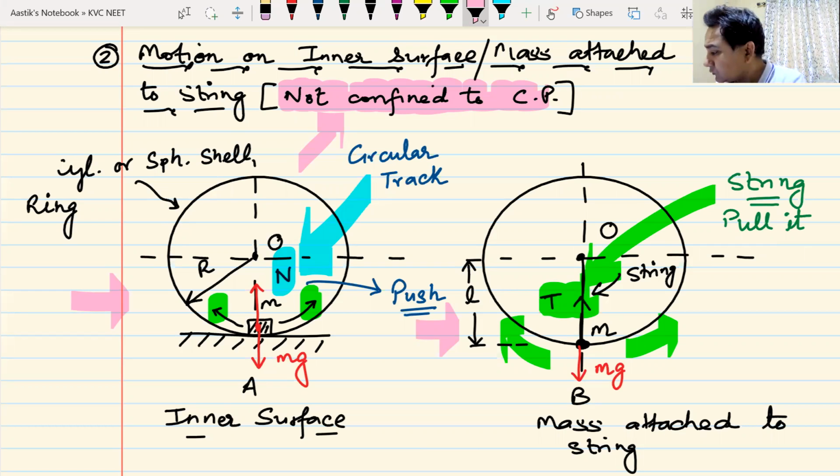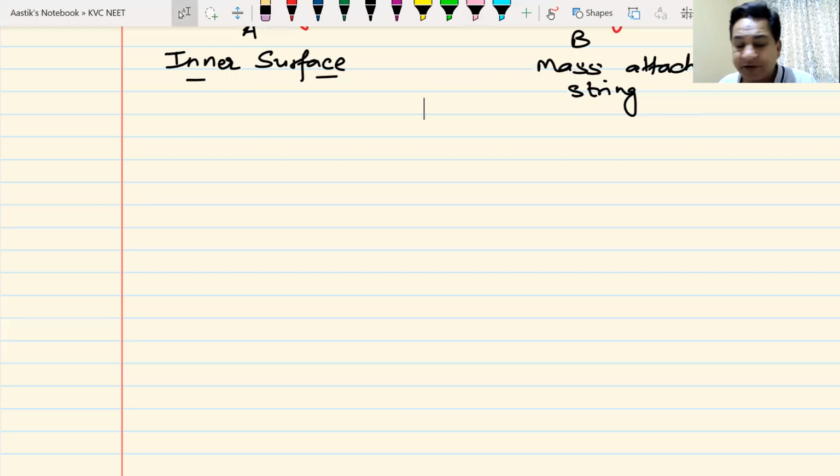So let us first write the first point. Why it is not confined to a circular path. So remember this point. Point number 1.